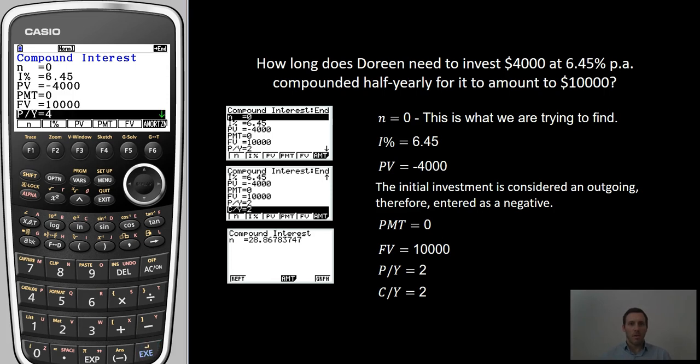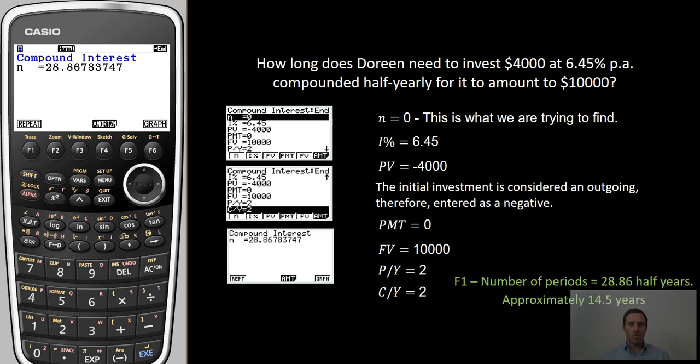And the compounding periods, it's half yearly, and that's 2 per year. So we enter 2 into PY and CY. And now to calculate the number of periods, we press F1 for N, and that's 28 periods. Remember, that's 28 6-month periods, so that's approximately 14.5 years, or 14 years and 6 months.